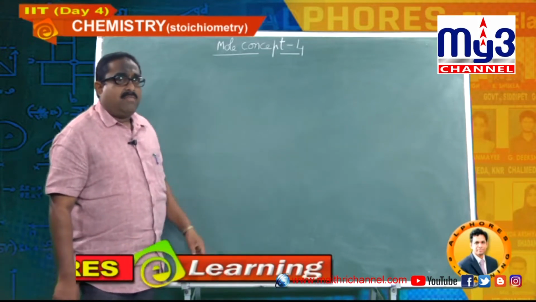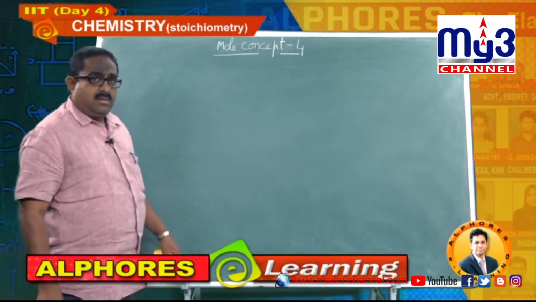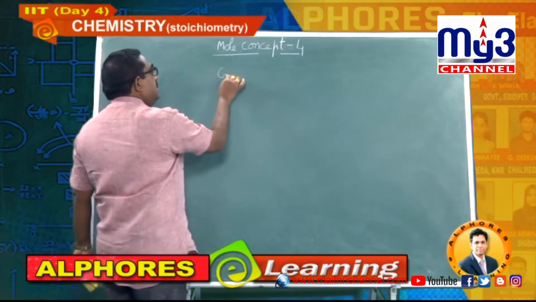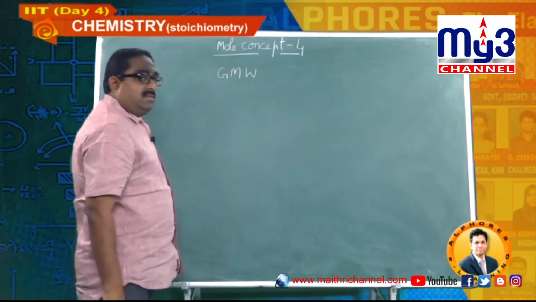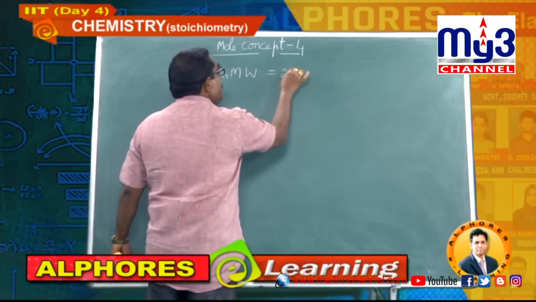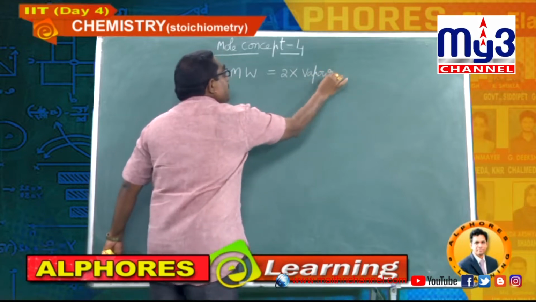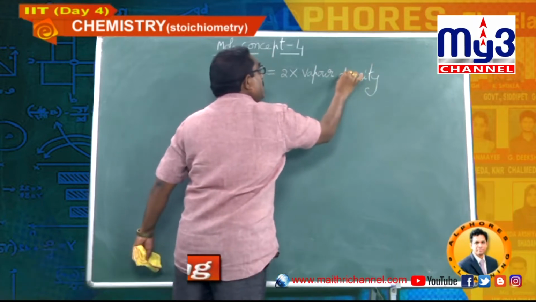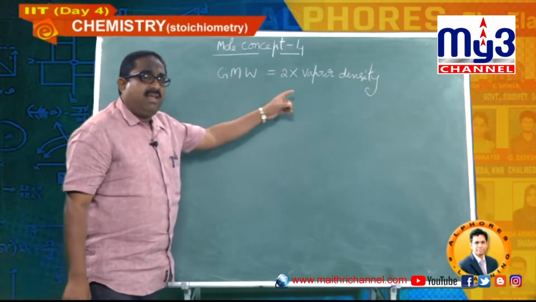Based on that gram molar volume concept, today we are going to derive an expression: the gram molecular weight of a gaseous substance is equal to 2 into vapor density, applicable to only gaseous substances.